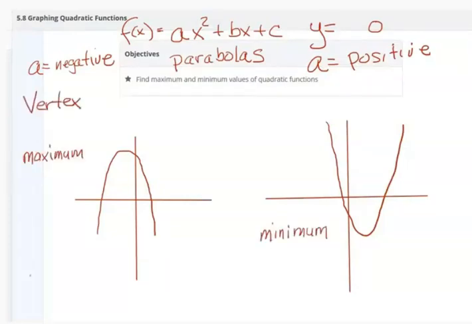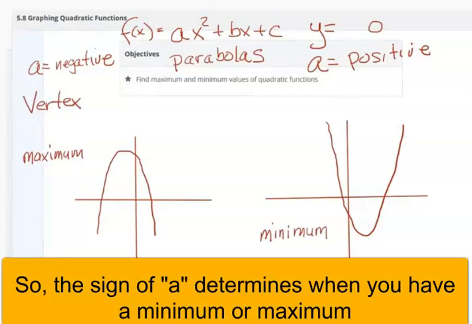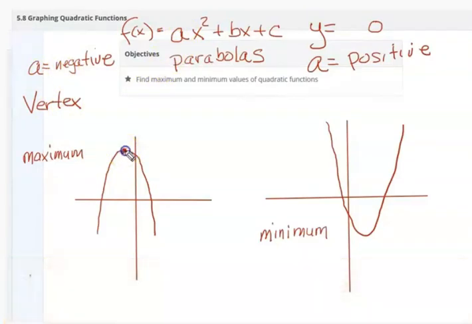Now, as we look at the parabolas, we see that there is a high point on this one where A is negative, and it would be a point right there, which will be an X and Y coordinate. And since it's at the top, we say this vertex is the maximum.